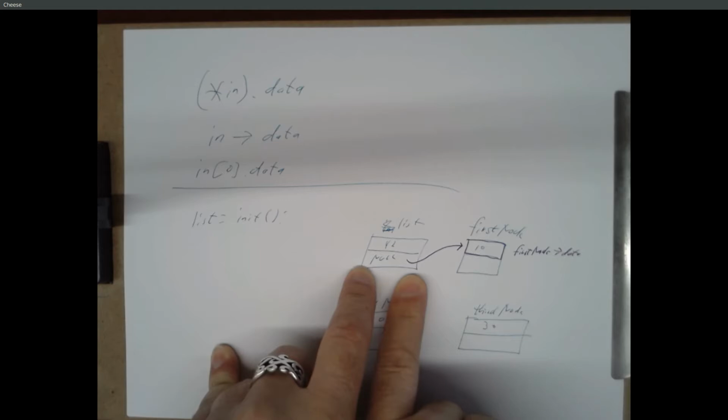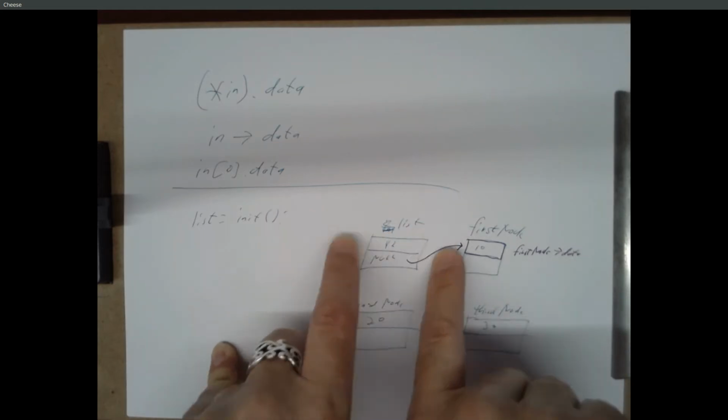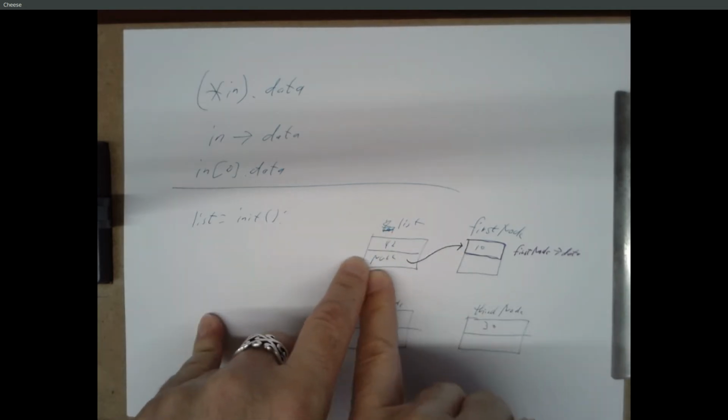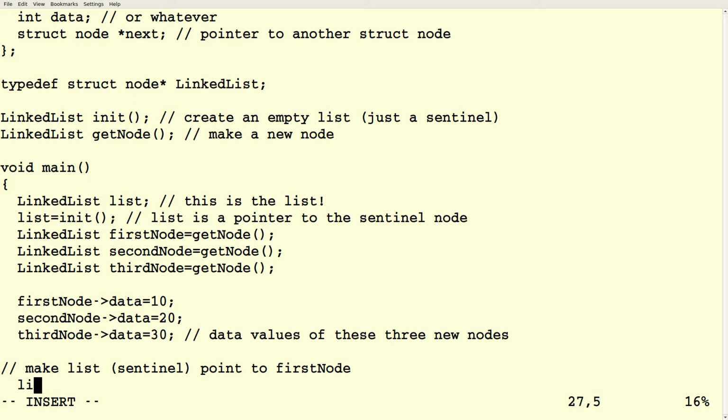Yeah, list arrow next. Right, list is this block, list arrow next says see what list points to, that's this rectangle, and the dot next field, that's the lower half of the rectangle. So list arrow next. And what do we want to set that equal to? Just first node, right? First node is an address.